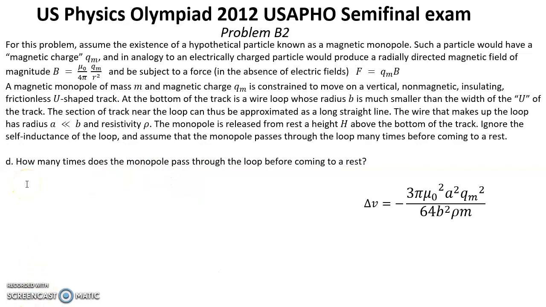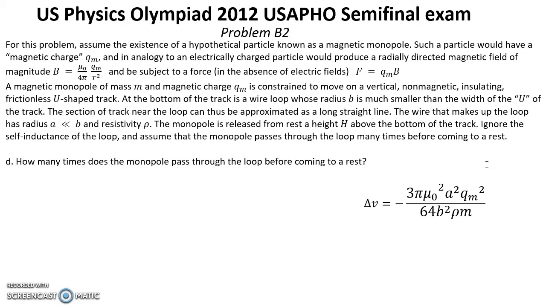Question D. How many times does the monopole pass through the loop before coming to rest? As we can see, delta V is always negative. This is due to Lenz's law, because the change of magnetic flux creates the EMF, which tries to reduce this change of magnetic flux, which works against the motion.